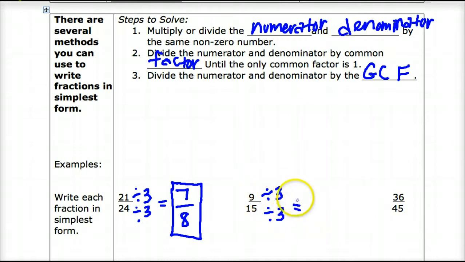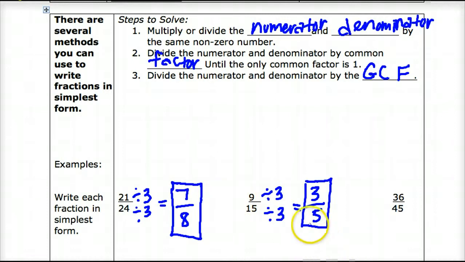We know that 3 will go into 9 3 times, and that 3 will go into 15 5 times. So no number will divide evenly into 3 and 5. So since nothing will work on top and bottom, we know that 3/5 is the simplest form that you can get out of 9/15.